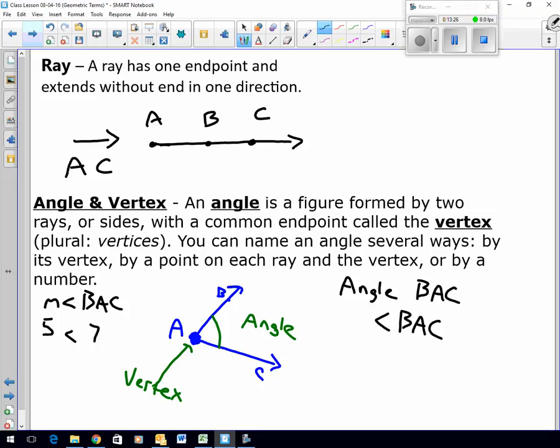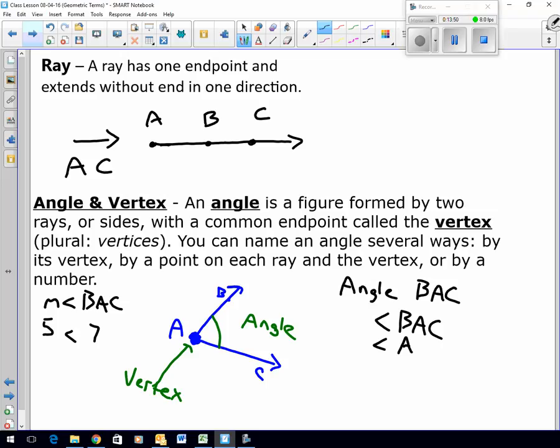But I'm about to really mess you up with something in there, so hold on to that. Another way I can name this angle, and the most common way you'll get, is by the vertex. Let's just call it angle A. So you'll see this written as angle A.